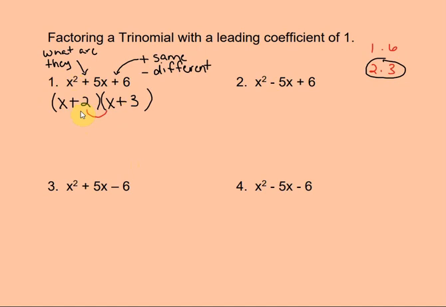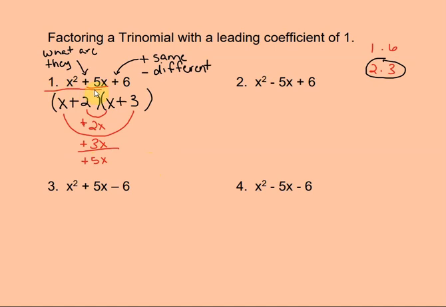2 times x, positive 2 times x would give me a 2x. X times 3, positive x times positive 3 would give me a positive 3x. These are both positive. And when I put those together, I get a positive 5x. So that's what my middle term is there. So I know that I factored it correctly.